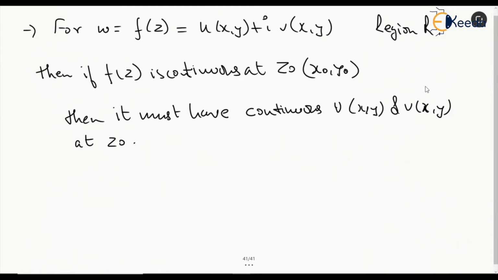So this means that if we are saying that f of z is continuous at a certain point, then its real part and its imaginary part should also be continuous at that point z naught, right?